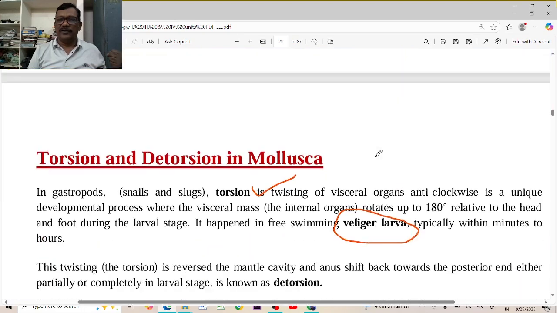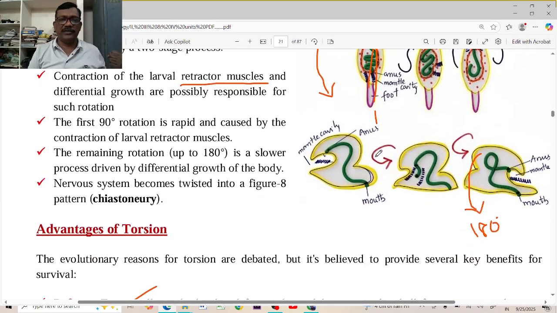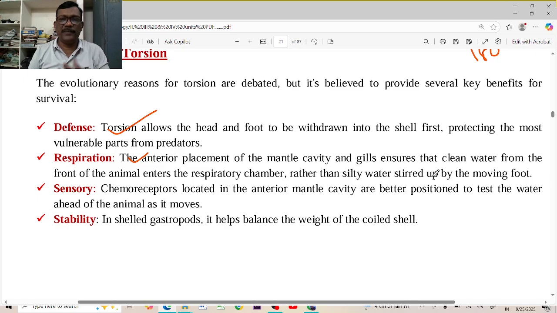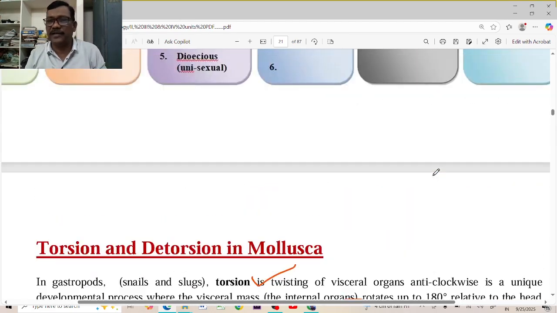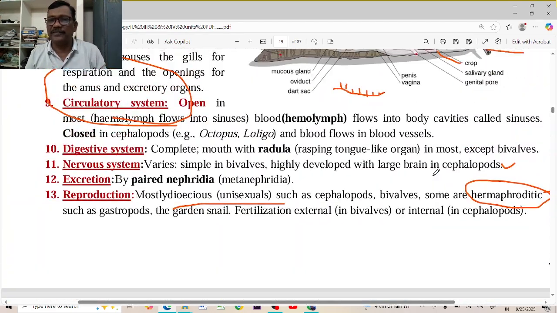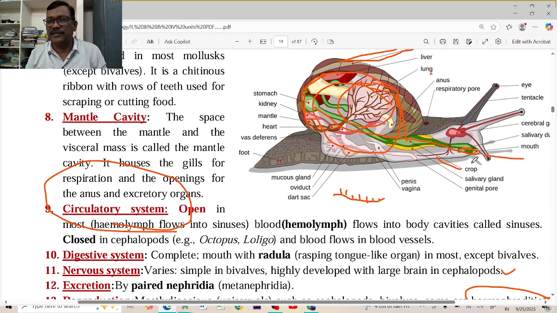So, first of all, what they do is use an osphradium-like structure. Where is the osphradium? Wait, we will show the osphradium. Here, the osphradium is present. This is actually the brain, the nervous system. The osphradium is formed and connected with the nervous system.